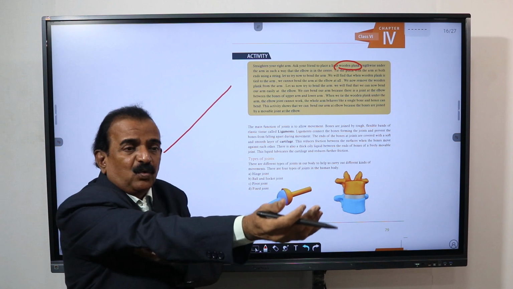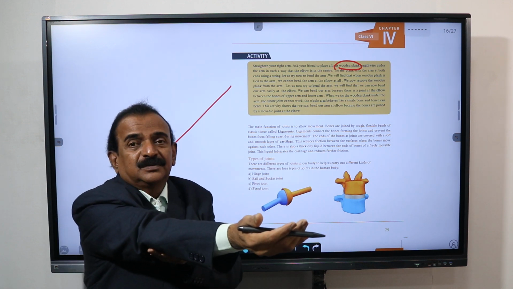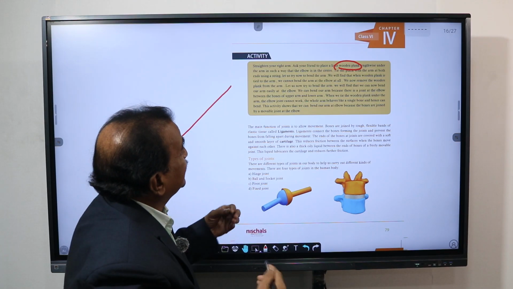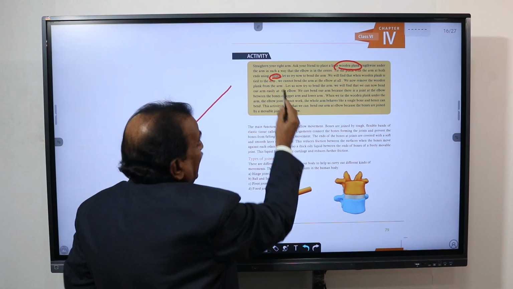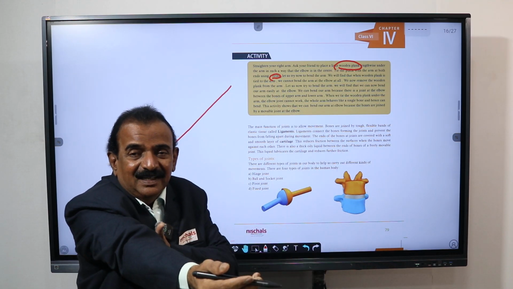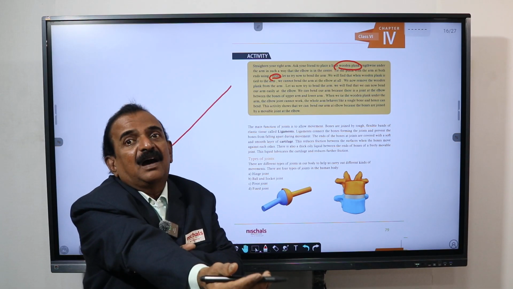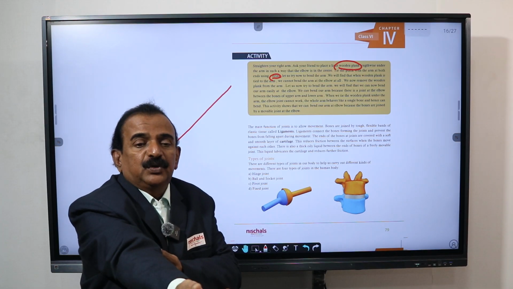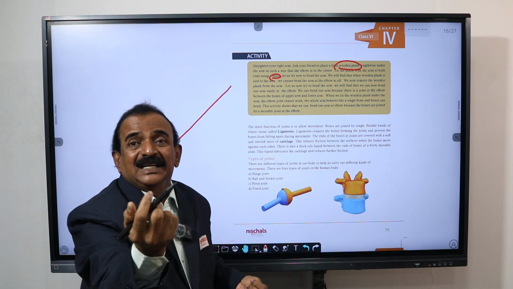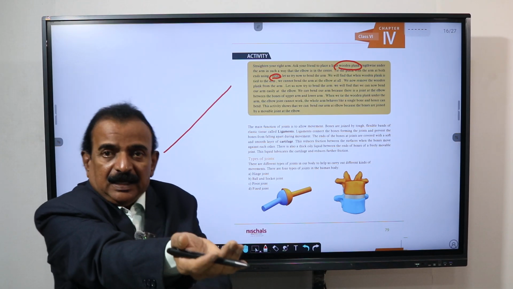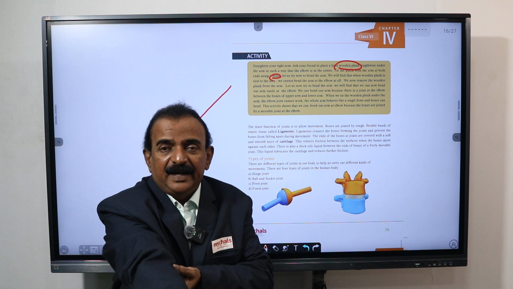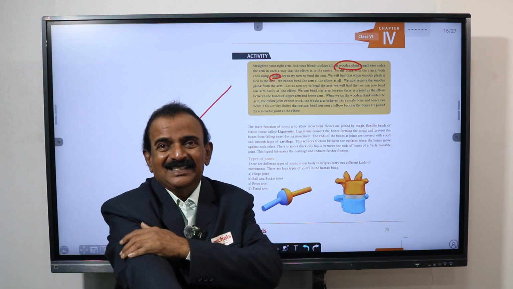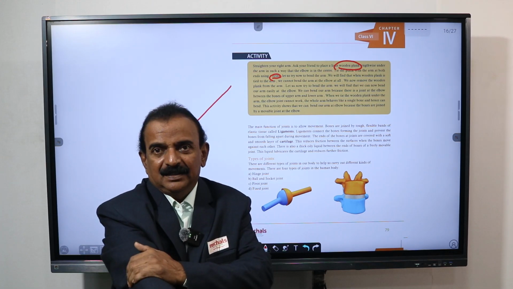Tie the wooden plank under the arm below the elbow with a string. After tying the plank, if you try to move the upper arm, it is not possible. Why? Because below the elbow joint there is a long wooden plank, which does not allow your arm to bend.